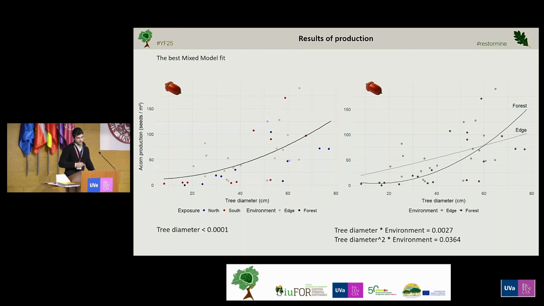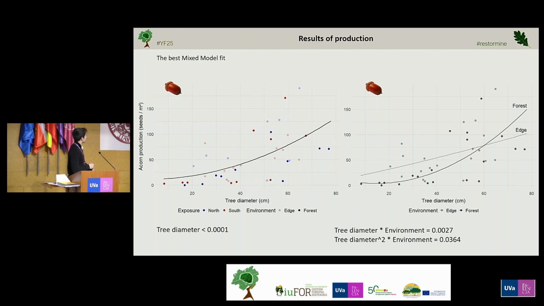And first of all, the results of production. We can see here the best mixed model fit was a quadratic model, and we saw a significant influence of tree diameter and also of tree diameter with the environment. You can see an increase in acorn production as the tree diameter increases.